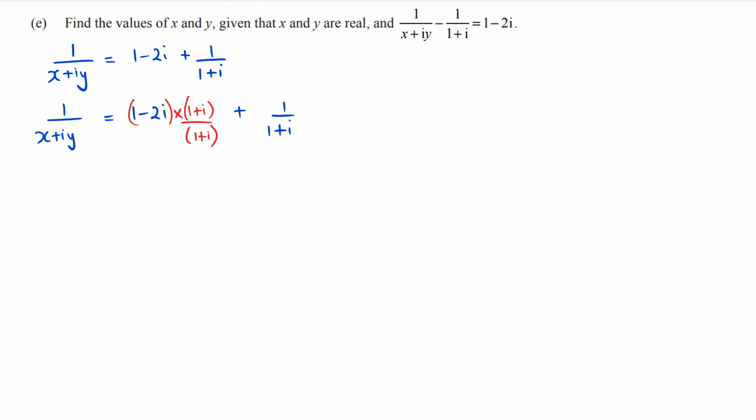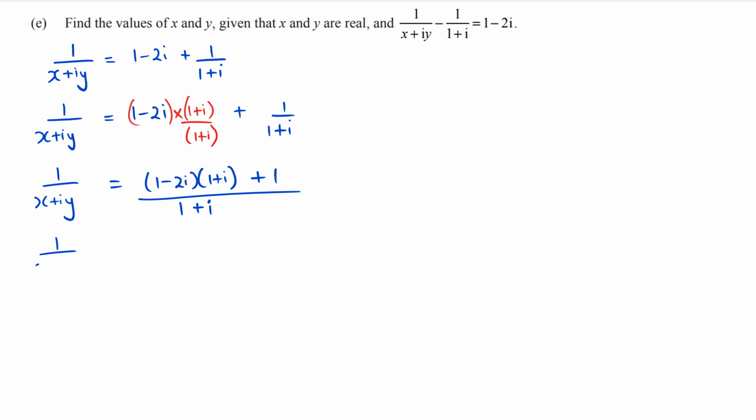So when I do this, I'm going to get 1 over x plus iy equals, now I need to expand that bracket, so I've got 1 minus 2i times 1 plus i plus 1, and the whole thing is now divided by 1 plus i, because that's all in that one common denominator.